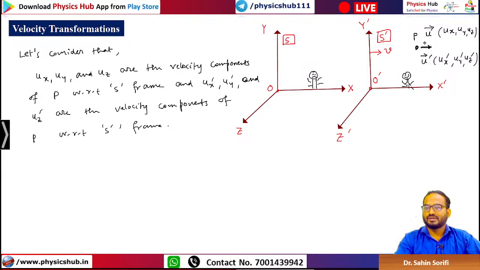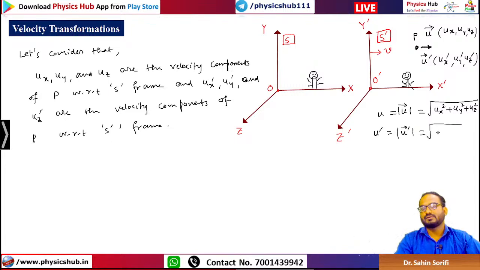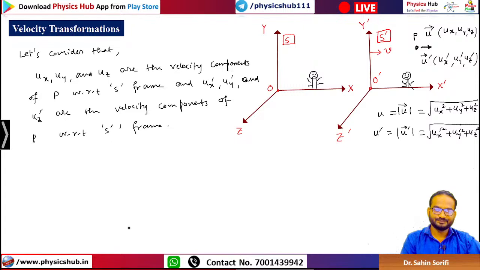Okay, look, if we write the magnitude of u, what will it be? Root over ux square plus uy square plus uz square. Clear? If you write the magnitude of u prime, it will be root over ux prime square plus uy prime square plus uz prime square, right? No issue.